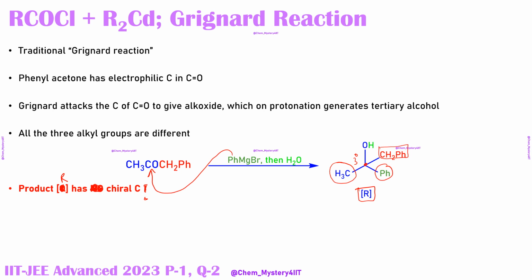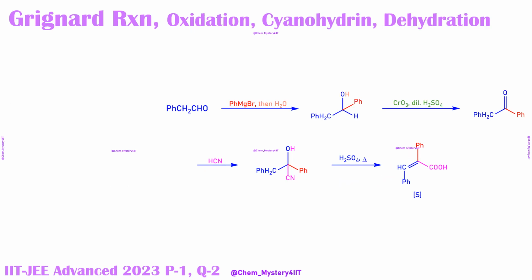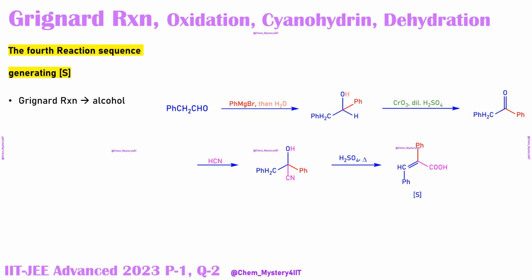Okay, moving further, now we have the fourth reaction sequence in which we get compound S being generated. This was a little lengthier than the previous sequences because here we have used 4 different reagents: Grignard, CrO3, HCN, and then H2SO4. So what do all these reaction steps imply? In the first step, we are doing a Grignard reaction and getting this alcohol as usual.